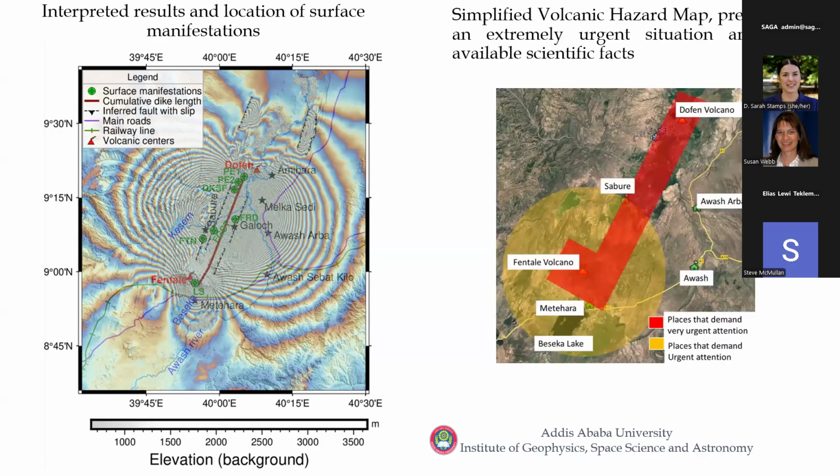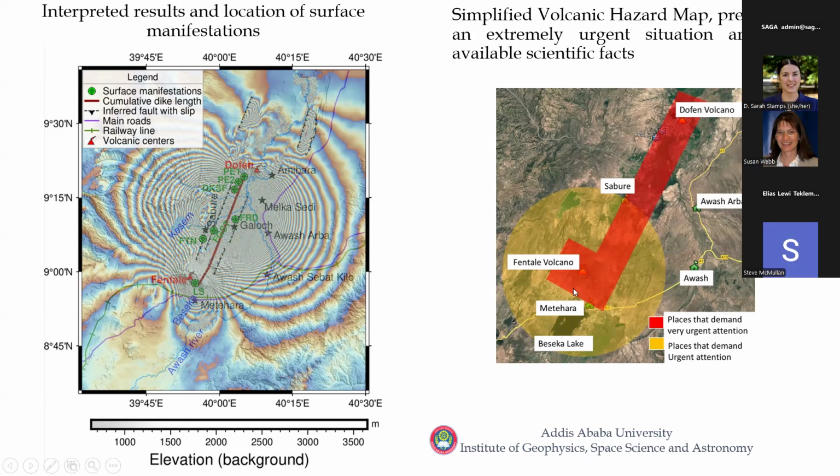We had to prepare this urgently. We were asked to prepare some sort of volcanic hazard map. Because we were expecting fissural eruption, we marked this red one as an area which needed very urgent attention, because we cannot tell the government to evacuate. They should know.